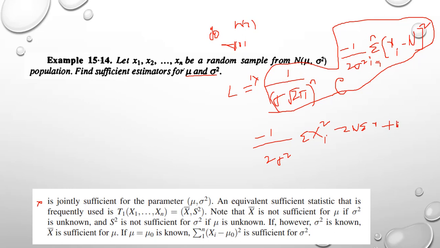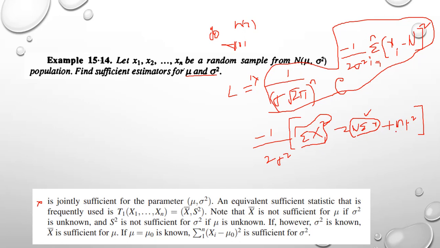Now observe where you get more information, that is the sufficient statistic for mu and the sufficient statistic for sigma square. Here summation xi is there, and mu also, so you get most sample information, so it is sufficient for mu. Summation xi square is sufficient for sigma square. Here you get more information.